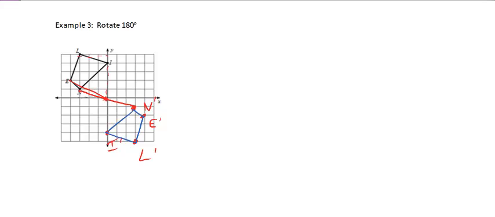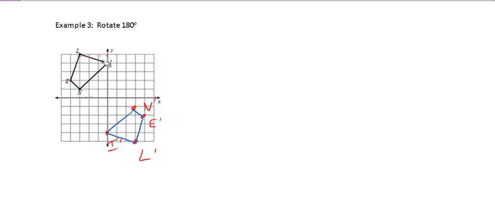And again, this is a good example. 180 degree rotations are a good example of sometimes being difficult to tell whether it is a reflection or a rotation. It kind of looks like if I were to reflect over, say, the line y equals x or something, that it would look similar to this.